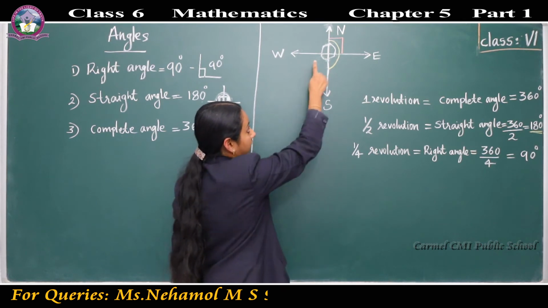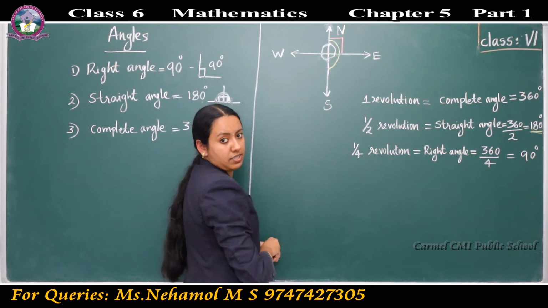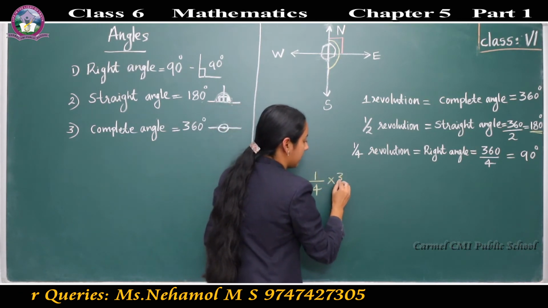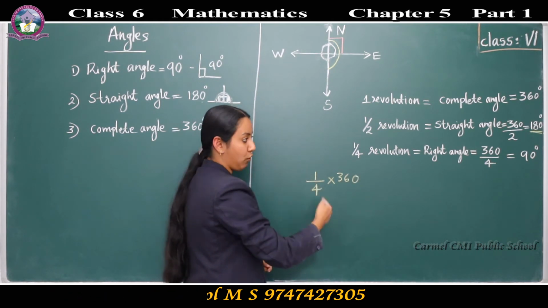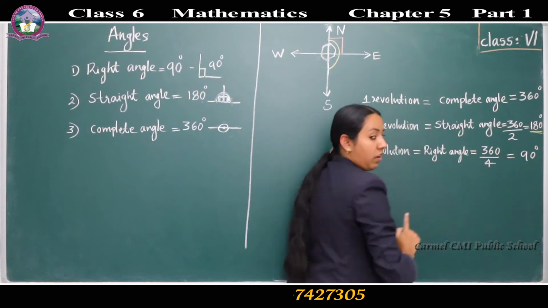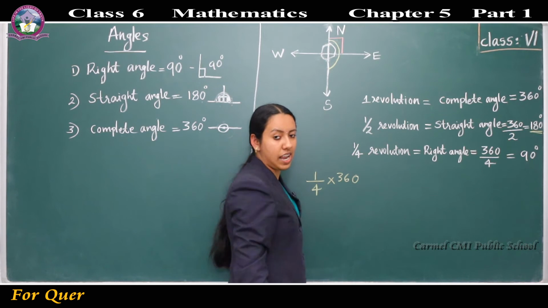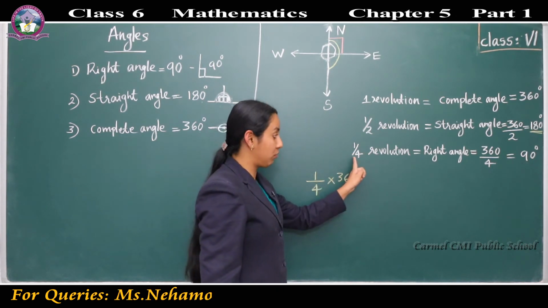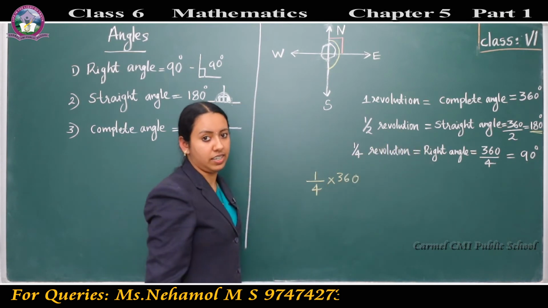Then the angle will be 1/4 of 360 degrees, that is 360 by 4, which is equal to 90 degrees. That angle is known as a right angle. So 1/4 of a revolution, right angle, 90 degrees.